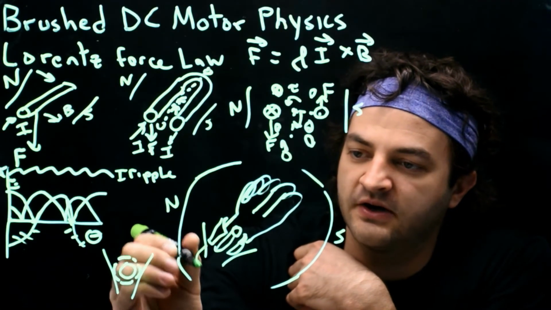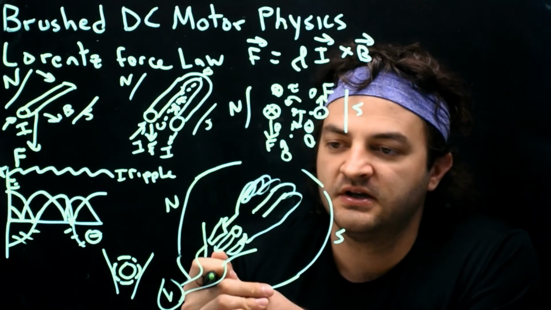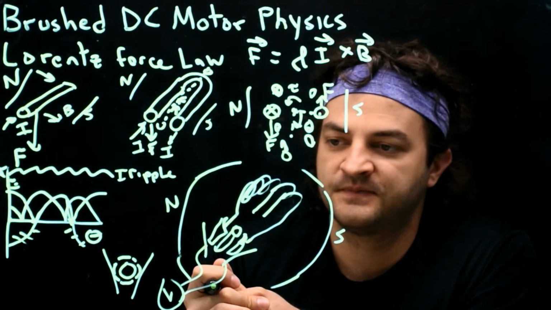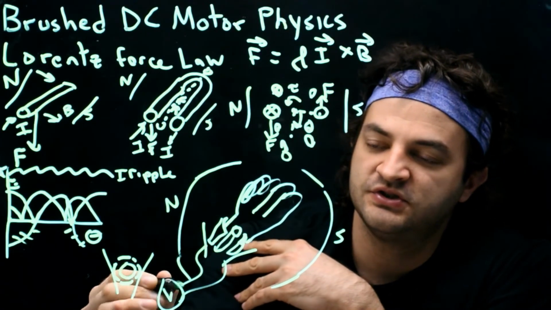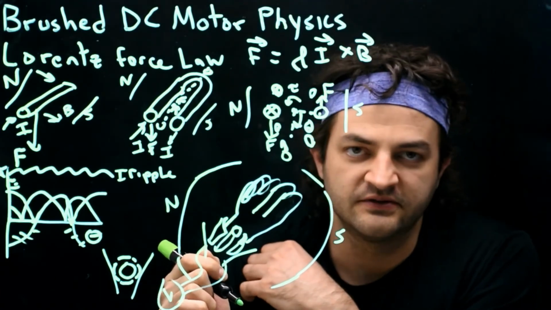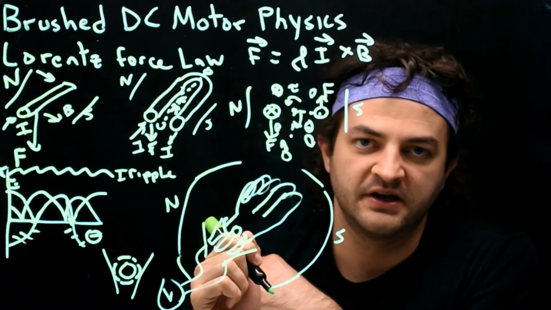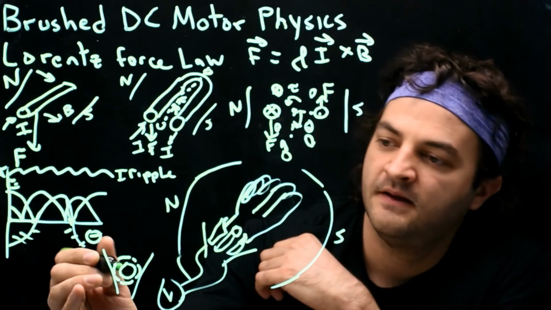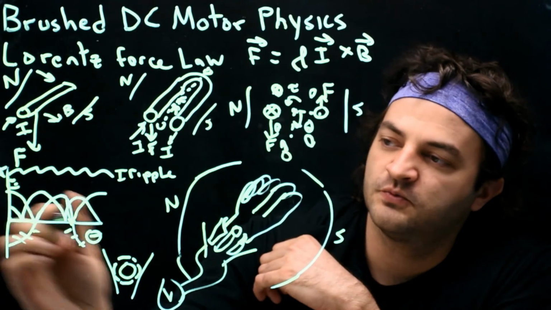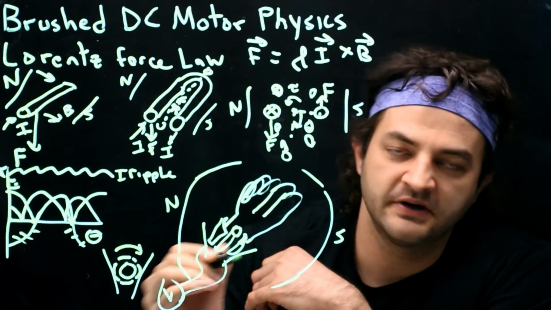And electrically, wires would come out, and that's where we would apply our voltage from a battery or a motor controller. So when we apply the voltage, the coil will act like an inductor and a resistor. Current will flow through. Depending on the speed of the motor, we'll get either more or less current. That current will create a torque, which will make the rotor start to accelerate and rotate.